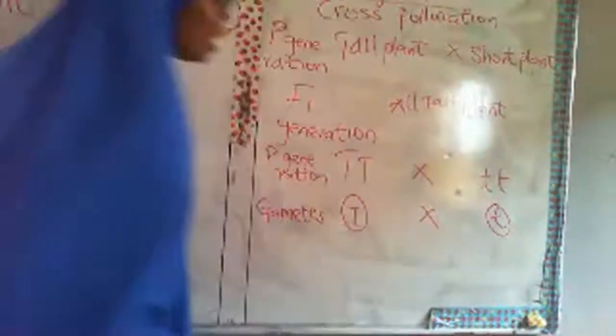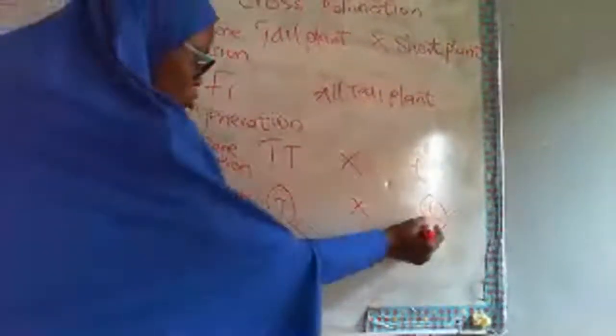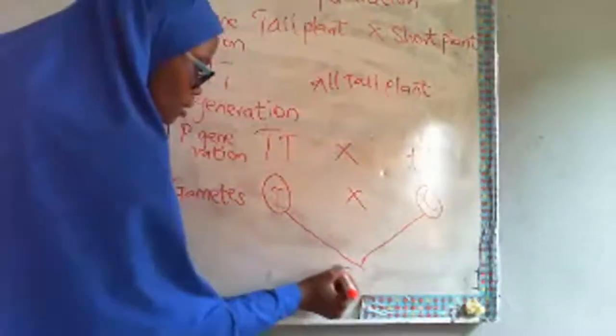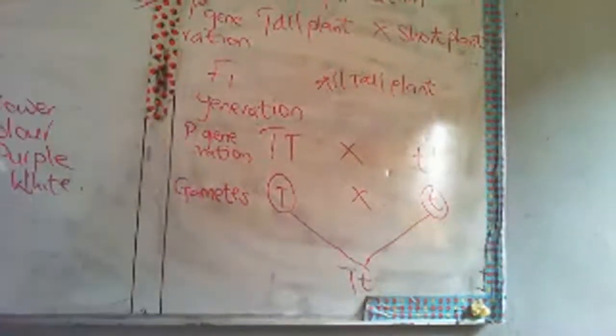Then you bring your cross down here. Now, these are the gametes. Then we want to form the F1 generation. Then they were crossed together. So what they got was capital letter T, small letter t.